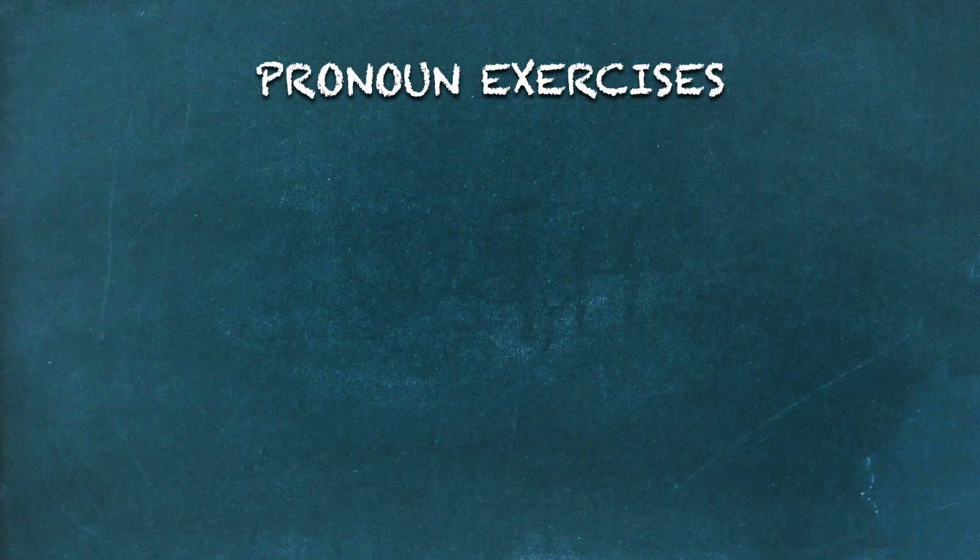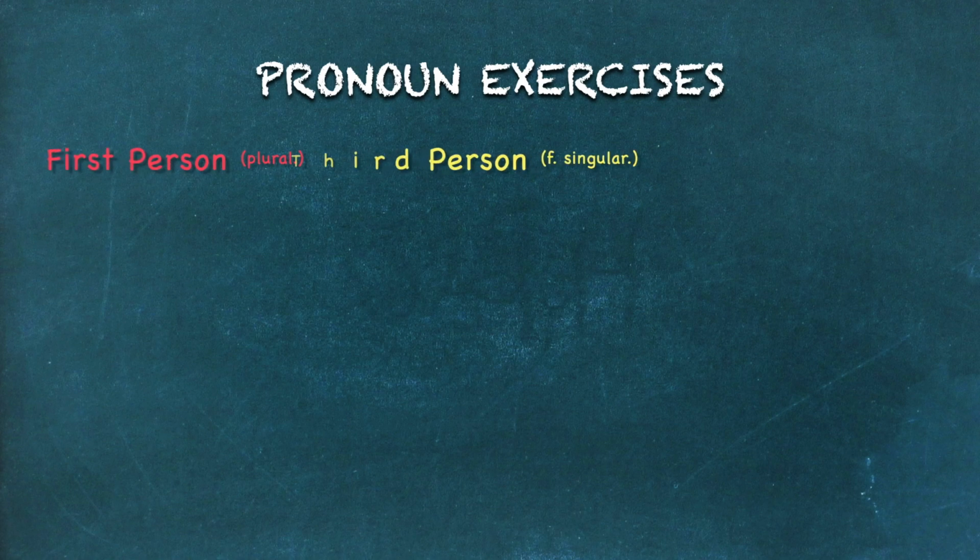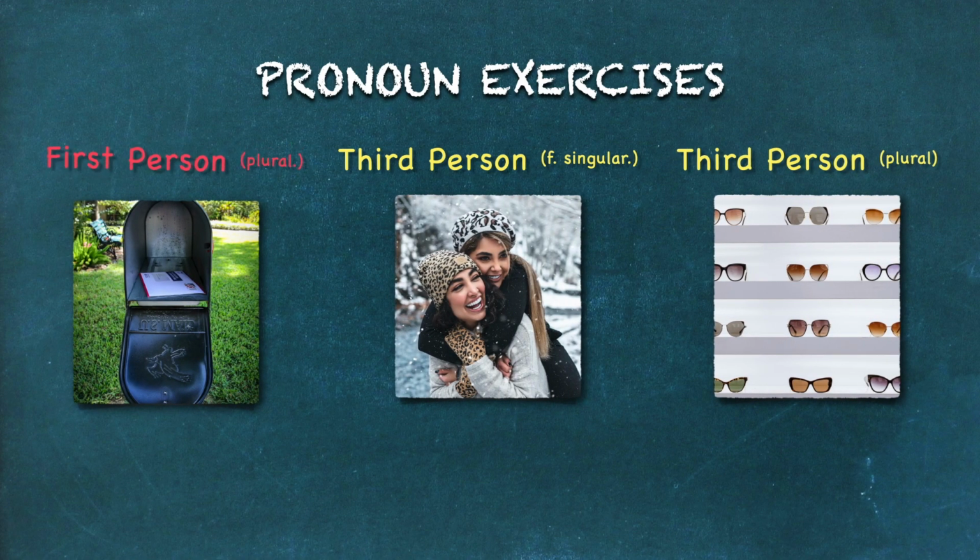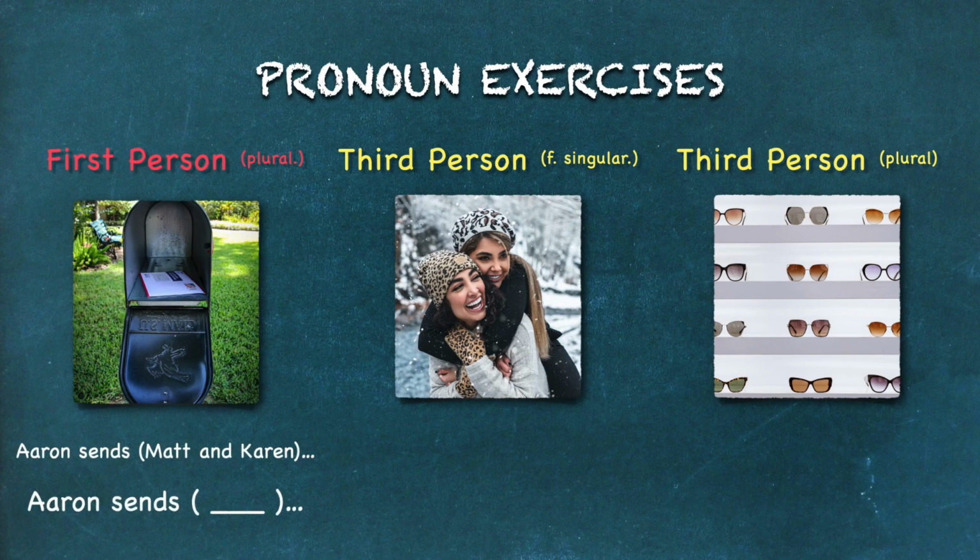Now we will have our exercises. We will have 3 exercises for first person plural, third person feminine singular, and third person plural. Okay, now for the first person plural, we have Aaron sends Matt and Karen.